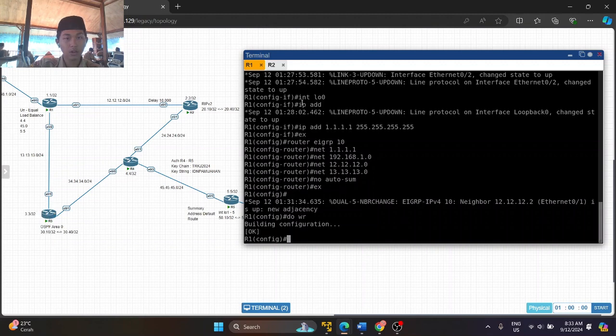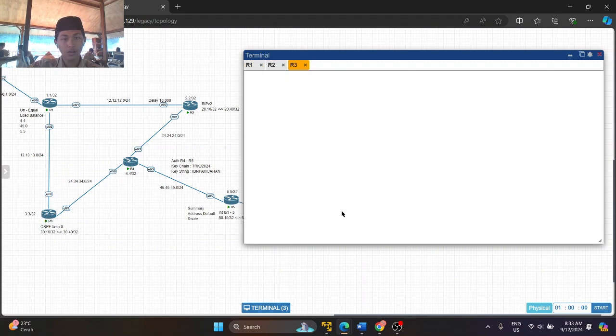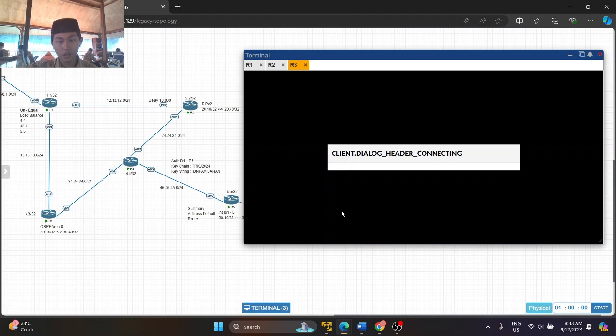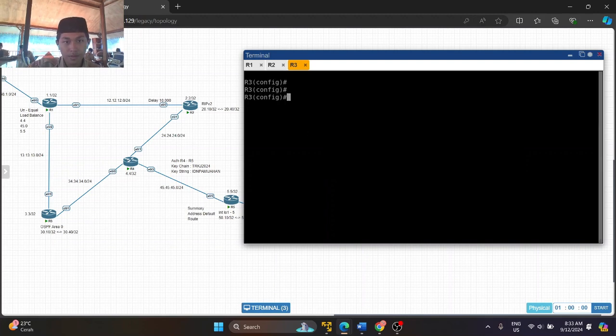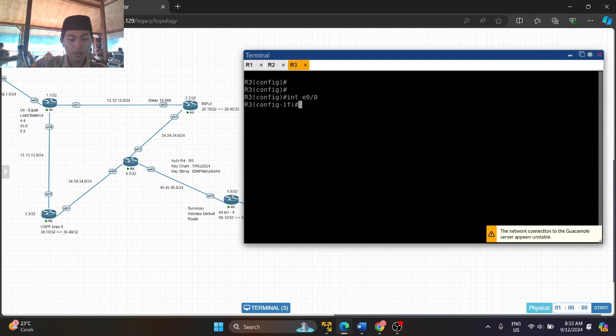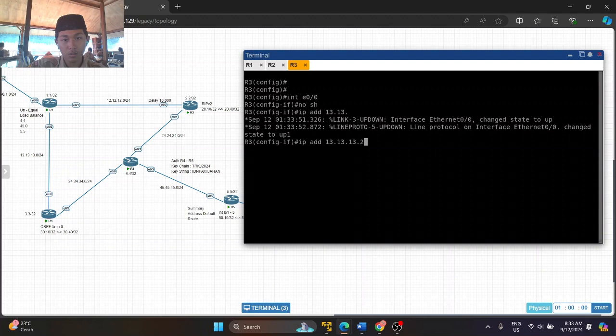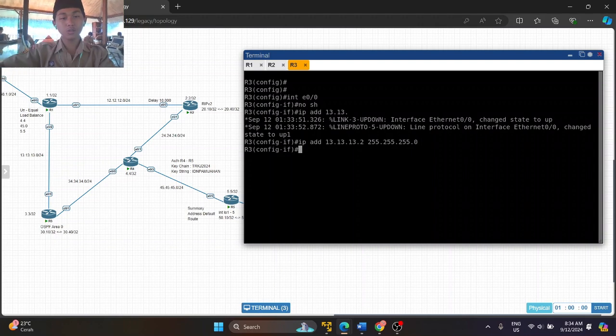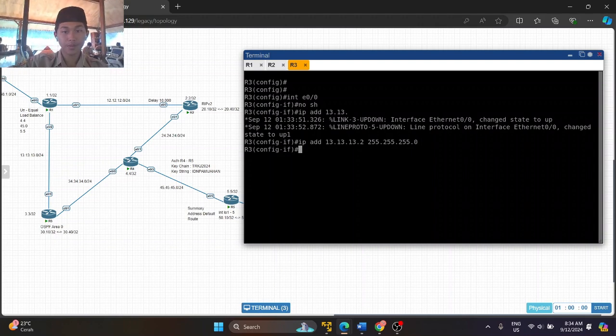Let's open router 3. Let's move to interface E0/0, no shutdown. IP address 13.2, because 13.1 is used by router 1. Interface E0/1.